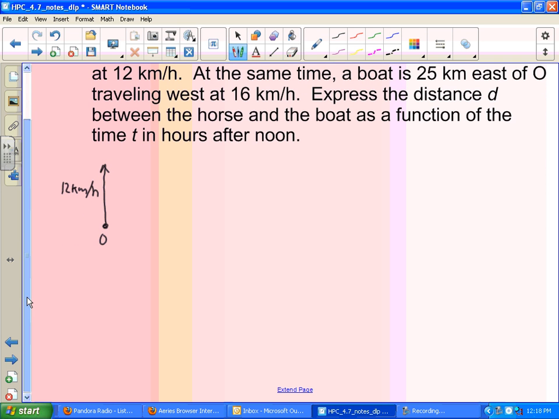At the same time, we start the clock way over here, which, by the way, is 25 kilometers away to the east.